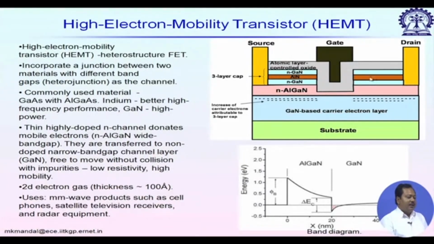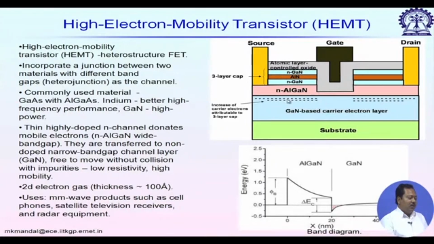In the right hand side picture you can see a schematic diagram of a HEMT. Below the gate we have a thin oxide layer, and below that we have N type aluminum gallium nitride, and below that we have simply a gallium nitride based carrier electron layer.